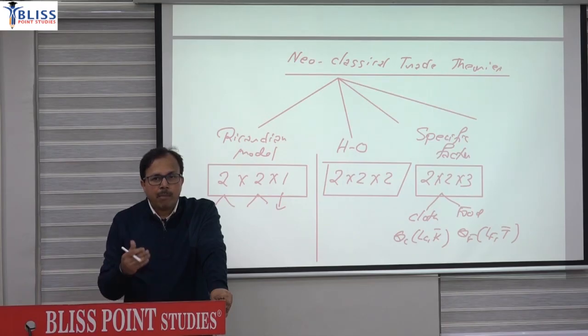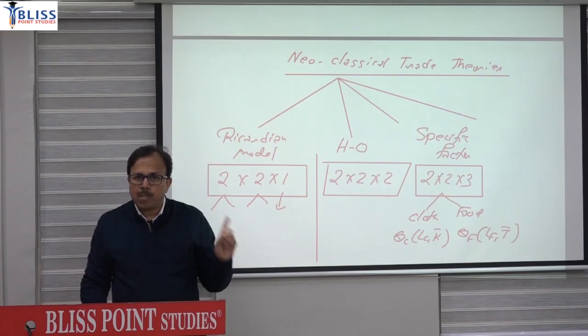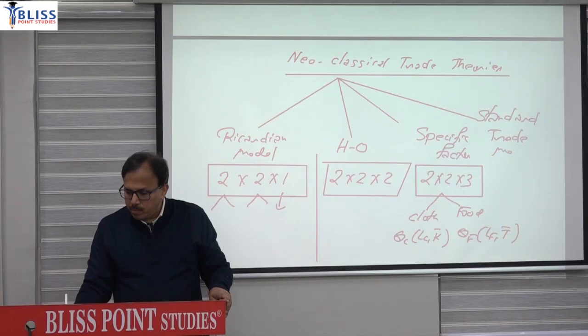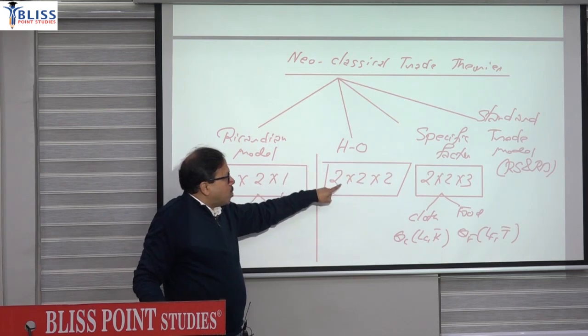So how it will impact the trade and how it will impact the distribution of income, that will be the specific factor model. And the fourth one is a standard trade model. In that standard trade model, we will use relative supply and relative demand curve tool to explain the trade, and that will again use the assumption of HO model.